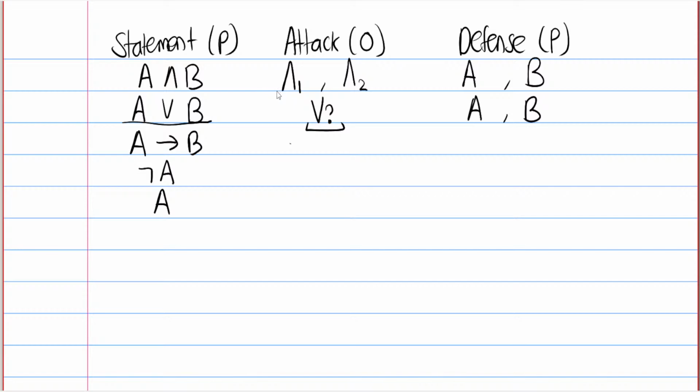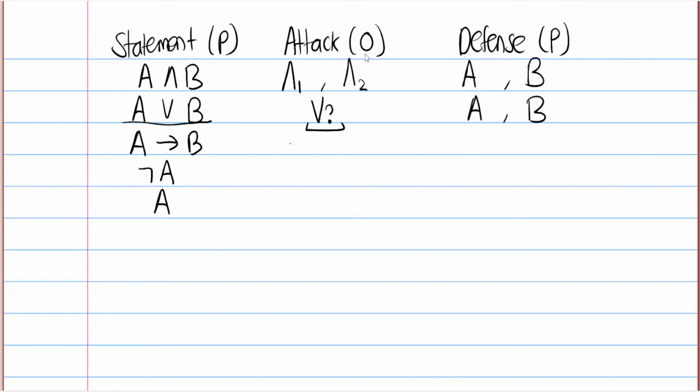For the and statement, at the top one, you have to respond to this attack with A and only A, and you have to respond to this attack with B and only B. Whereas in this case over here, P can respond to this attack with either A or B, right? You're claiming that one of these statements is true.